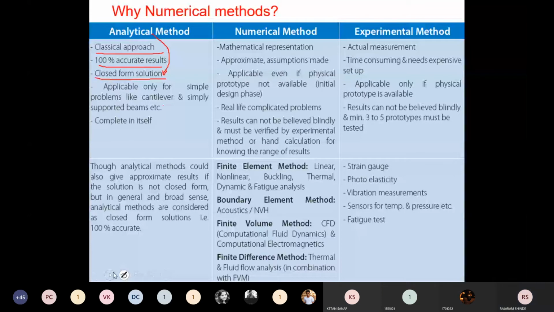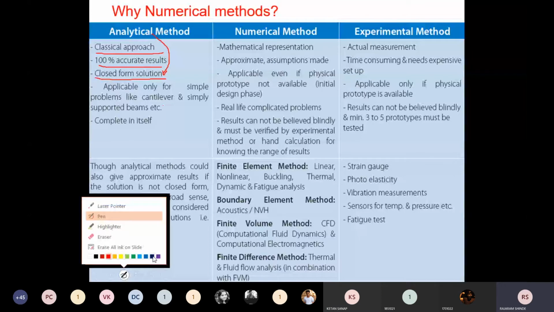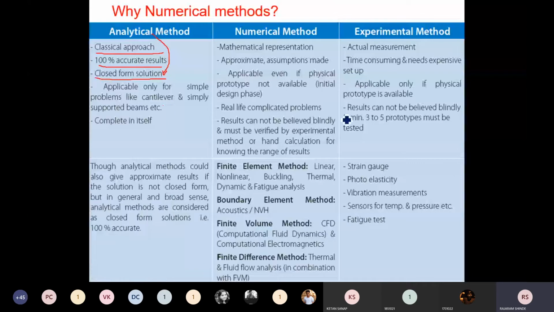Now, if we go to the experimental method, see here, in the experimental method what we are doing is taking actual measurements. That means the actual situation can be simulated by this experimental method.